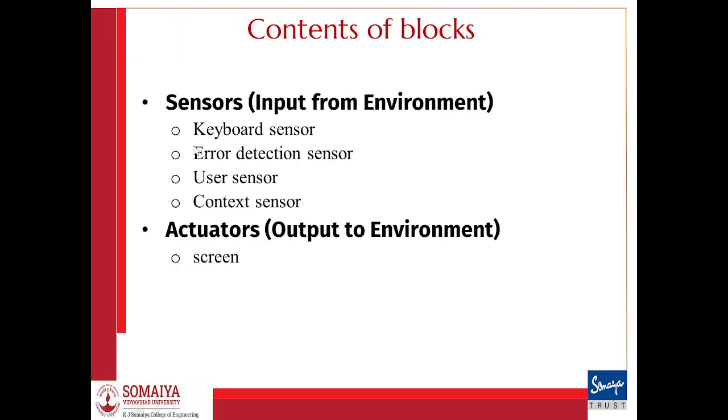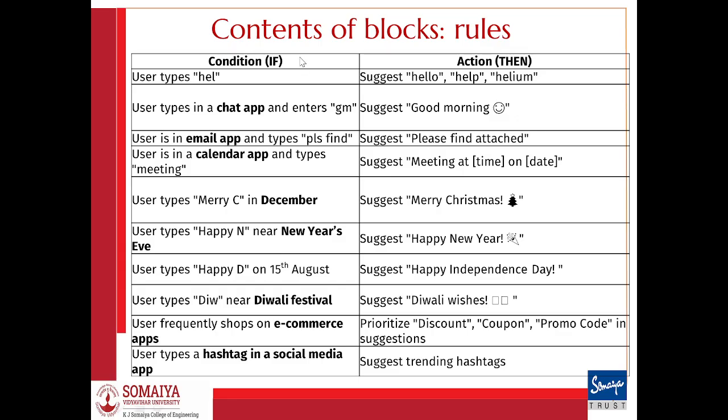The sensors, as we have elaborated earlier, could be some kind of sensors, while the actuator is going to be only the screen. The reflex based agent mainly works on condition action rules, and there could be certain conditions and corresponding actions. Here are some examples of the conditions and actions.